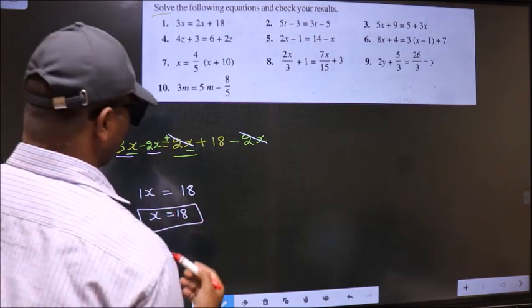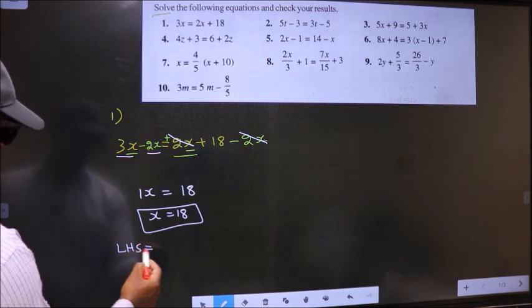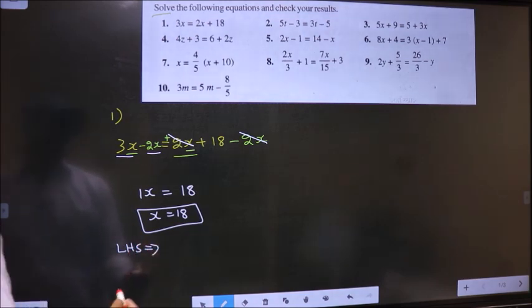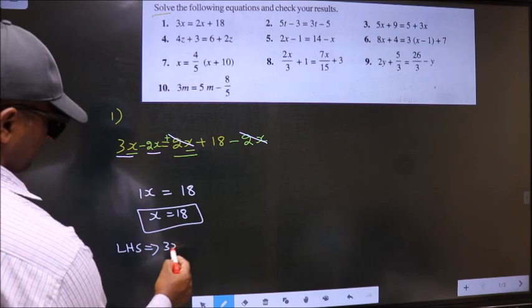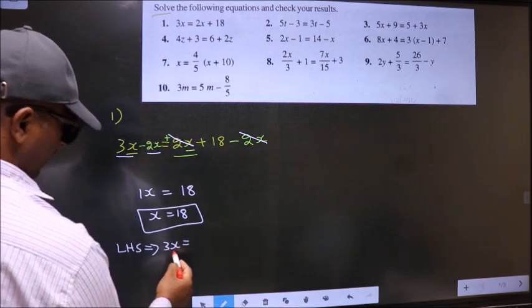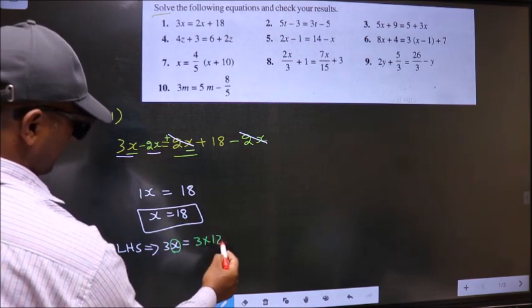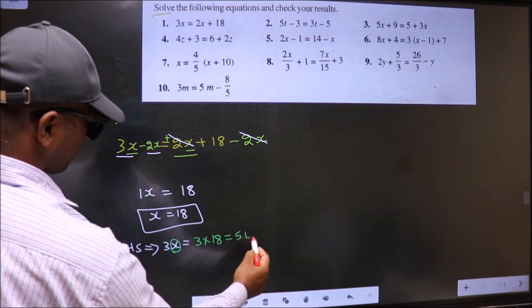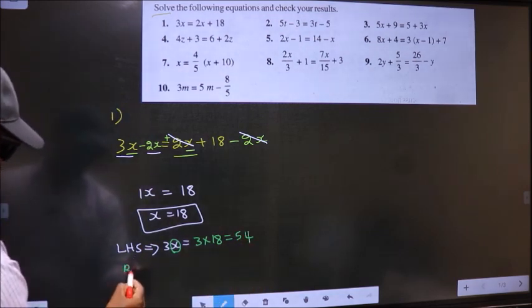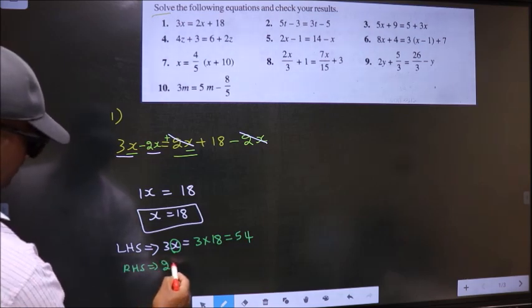Now to check, first let us put x equal to 18 in LHS, that is 3x. So in place of x we should put 18. So 3 into 18, that is 54. Now RHS is 2x plus 18.